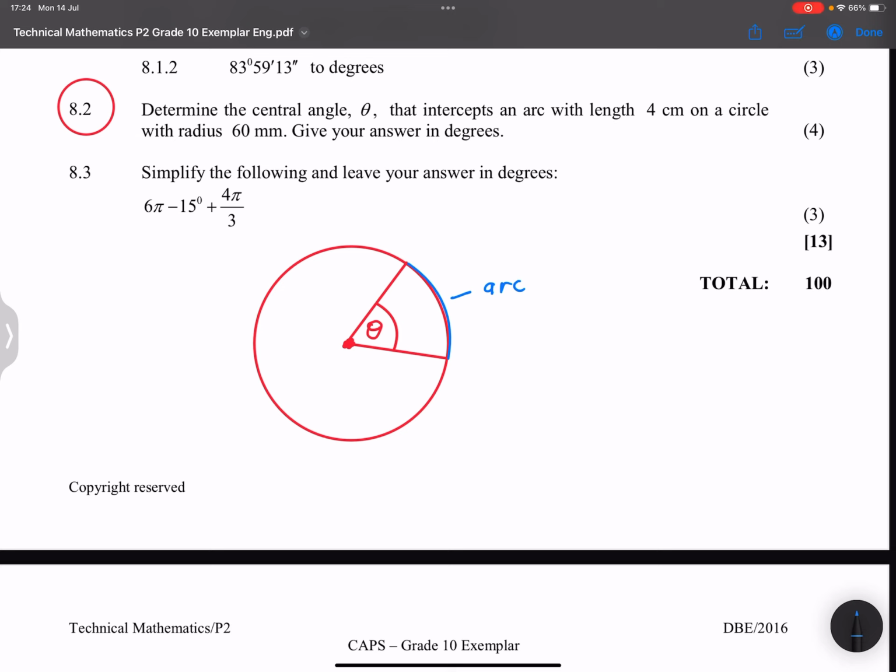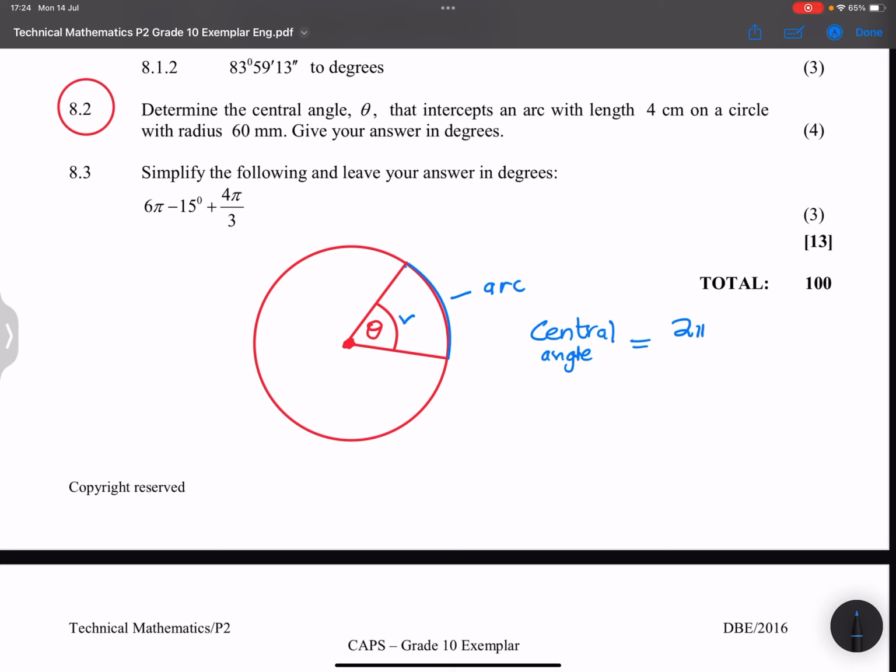So now, if I want to find out what my central angle is, this is related to the entire angle, or rather the entire circle. So we say that the central angle, okay, would be equal to, now please stay with me here.